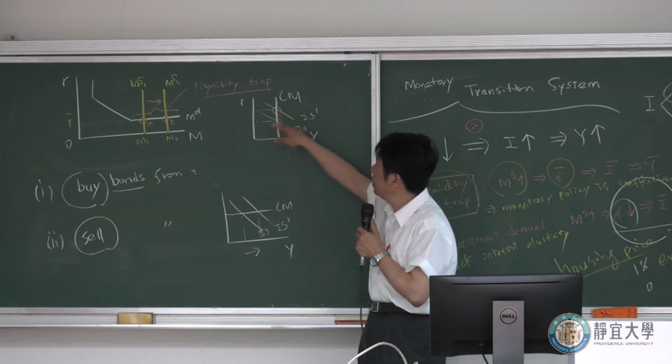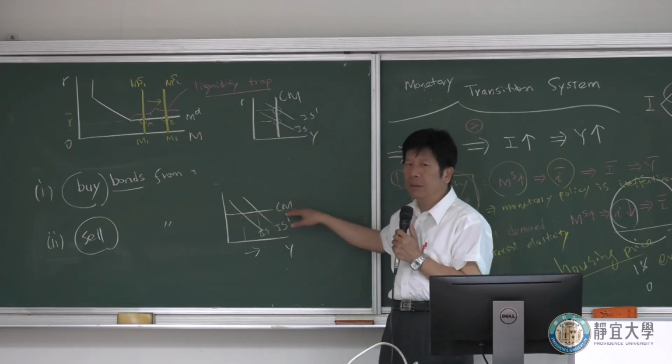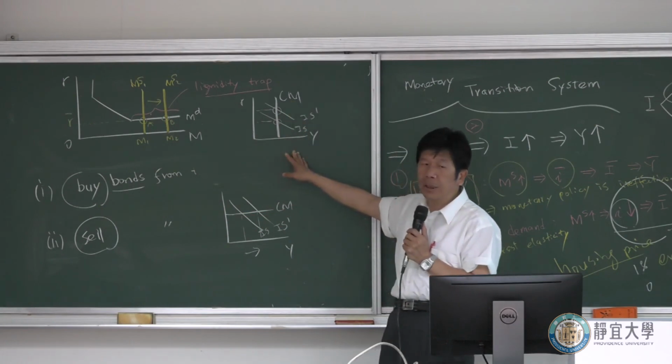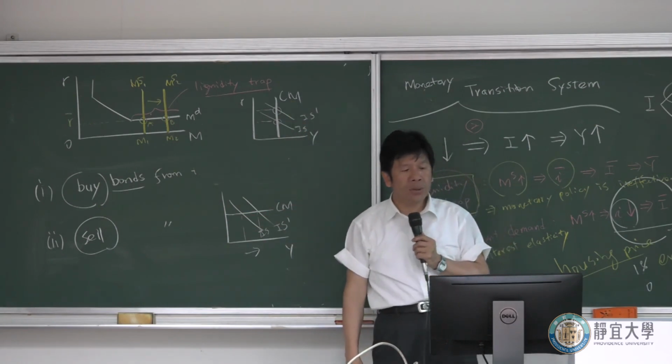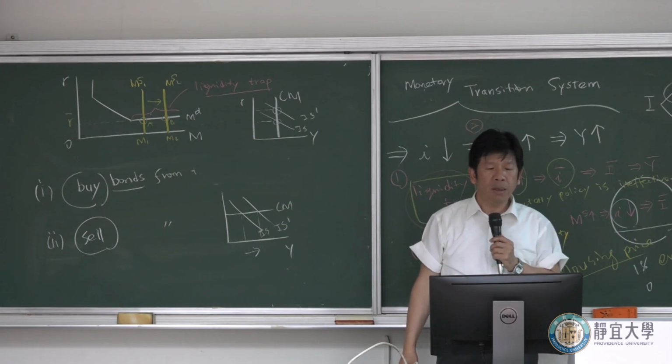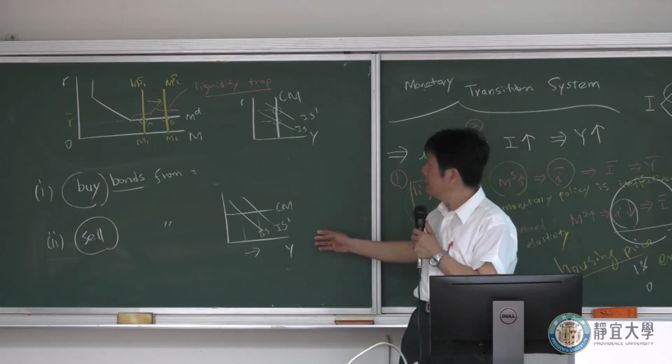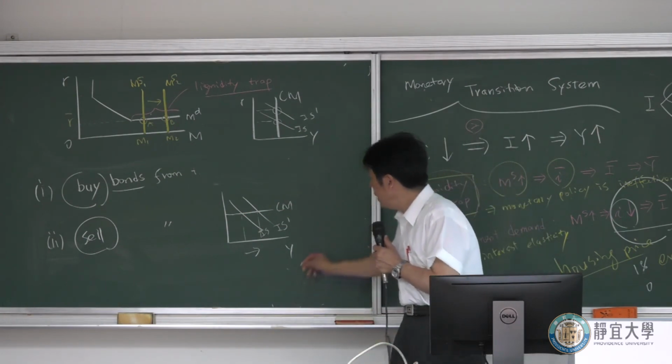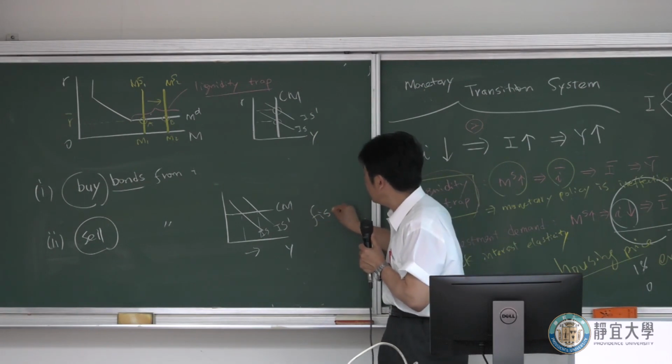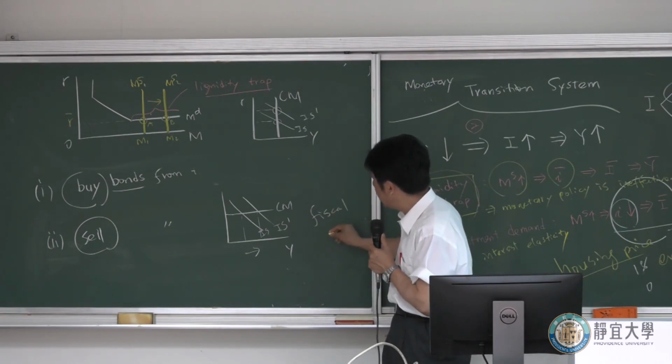This is the horizontal, this is the vertical. So you can try to see which one is effective. If like this one, only the fiscal policy is called.